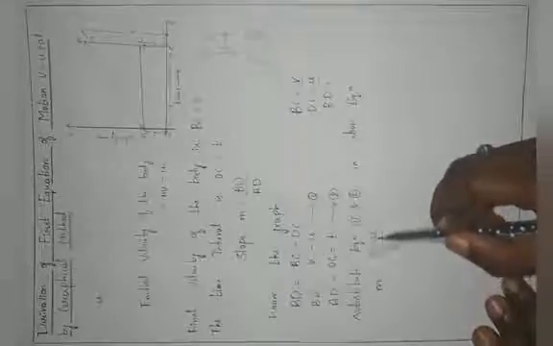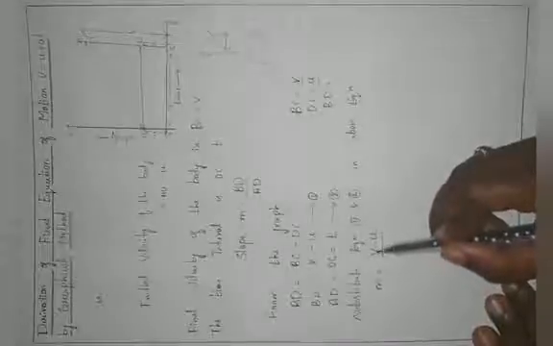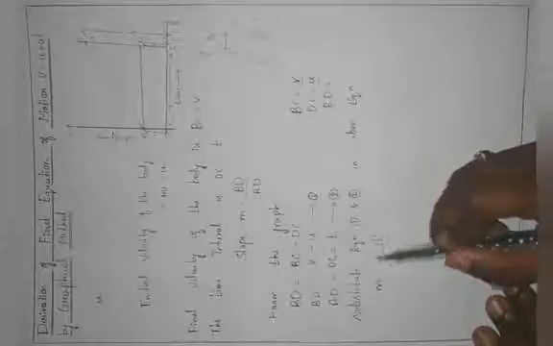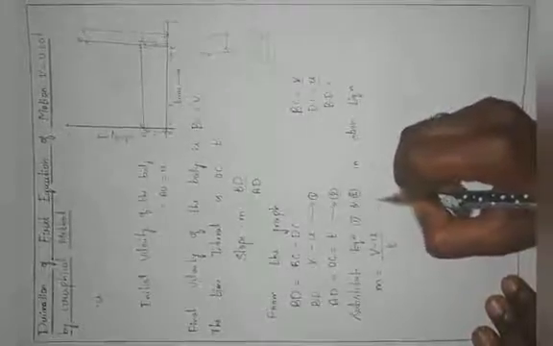Final velocity minus initial velocity is nothing but change in velocity divided by time, which is nothing but acceleration. Acceleration is equals to final velocity minus initial velocity divided by time, or change in velocity divided by time. Correct? So, m is equals to A.